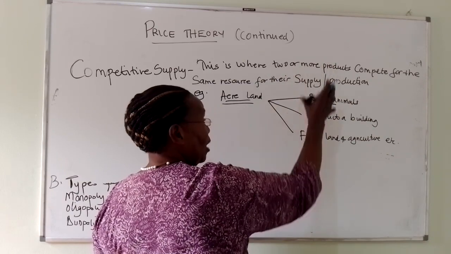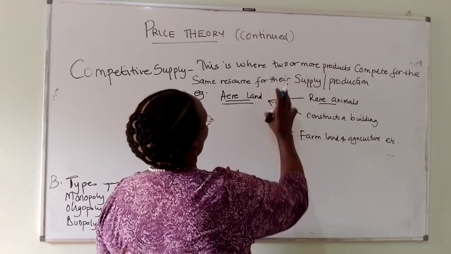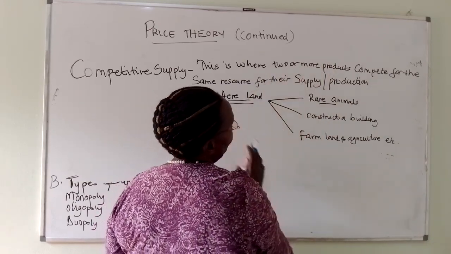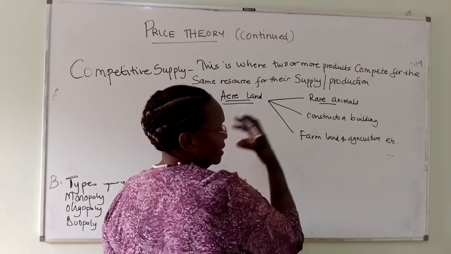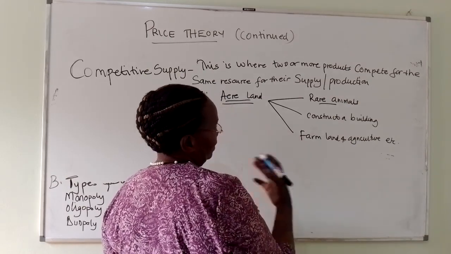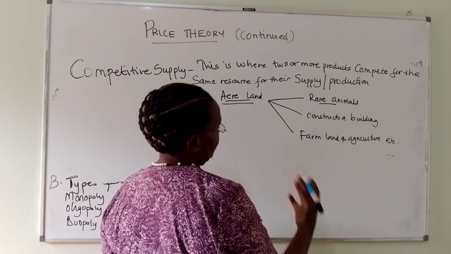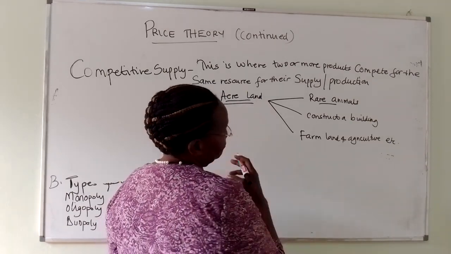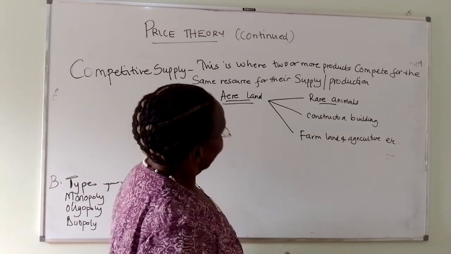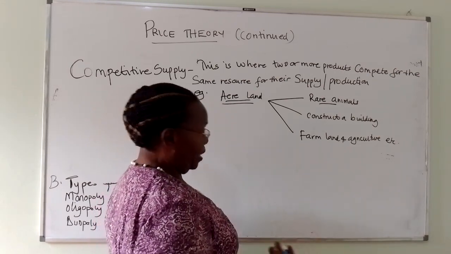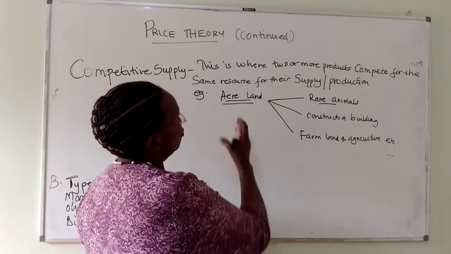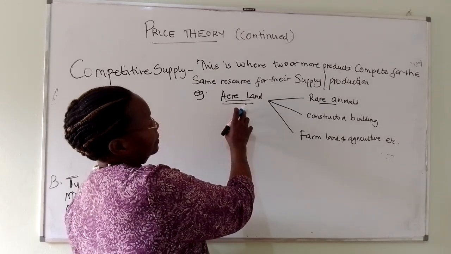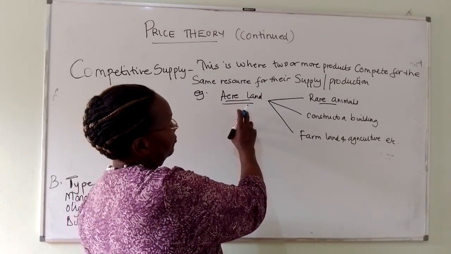So we consider how the concepts we began with are also arising in our price theory, demand theory. In every activity, the element of scarcity, choice, and operating cost comes in. Now we are looking at competitive supply. Producers are planning to supply or avail a commodity, but they are confronted with the scarcity of land, and they have to make the right choice.